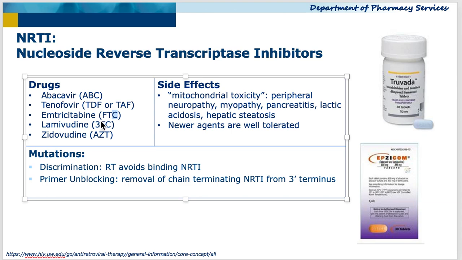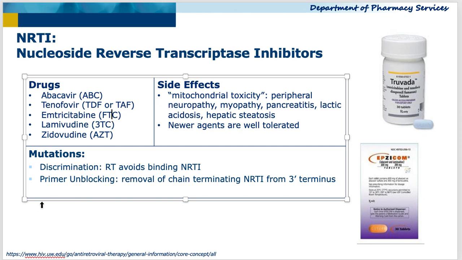Side effects include mitochondrial toxicity. However, the newer agents are very well tolerated. Emtricitabine and tenofovir, especially the tenofovir alafenamide formulation of tenofovir, are generally well tolerated. And then mutations here.